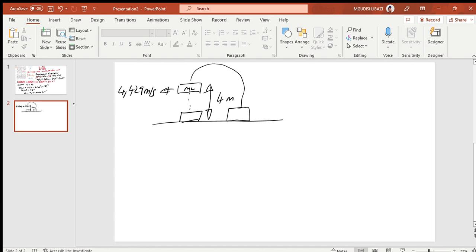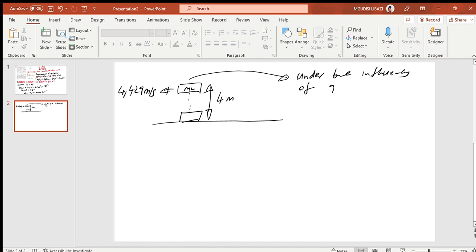That means now the box m2 will be in free fall, that means under the influence of gravitational force only, because m1 is no longer pulling, it is already on the ground.